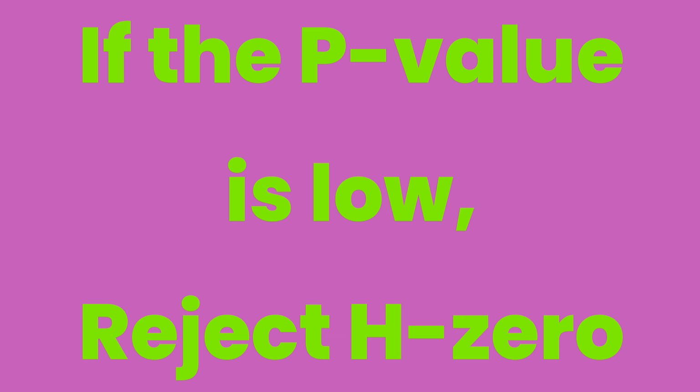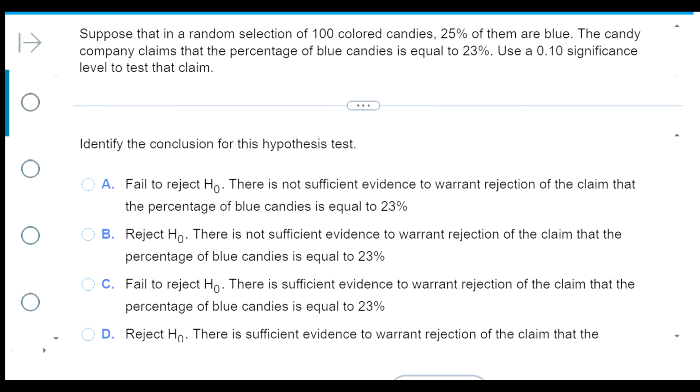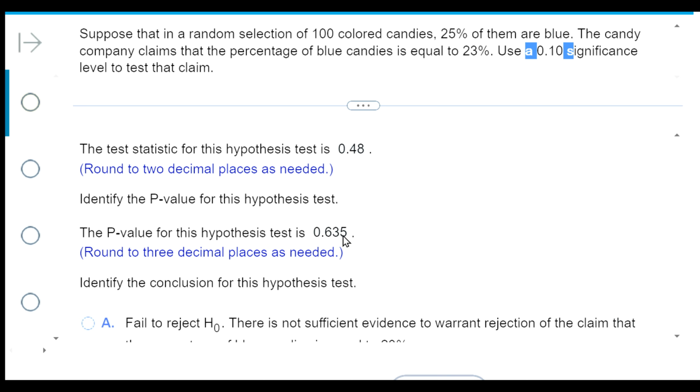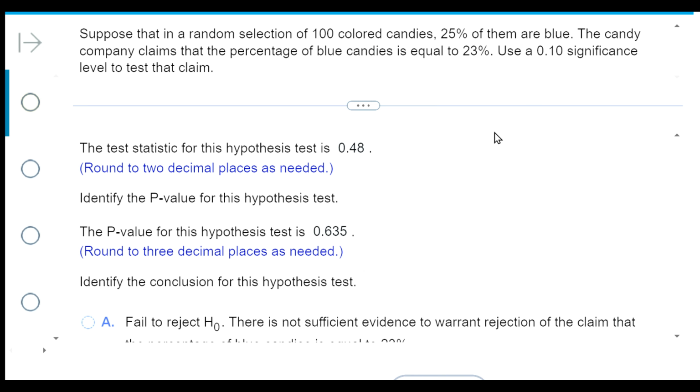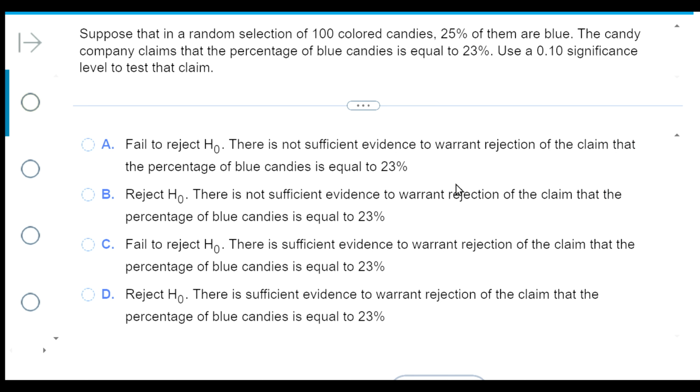How low? How low does it need to be? Well, it needs to be lower than the significance level. Here, the significance level, 10%, 0.1. My p-value, 0.64, basically. It's like there's a 63.5% chance that I would be wrong to reject H0. It's way higher than this significance level, so I shall fail to reject.